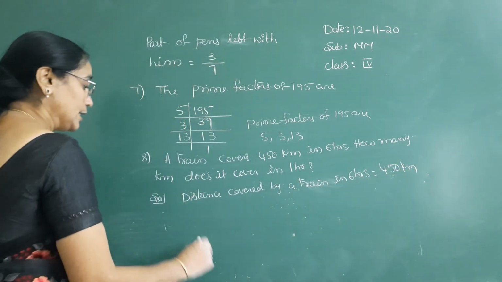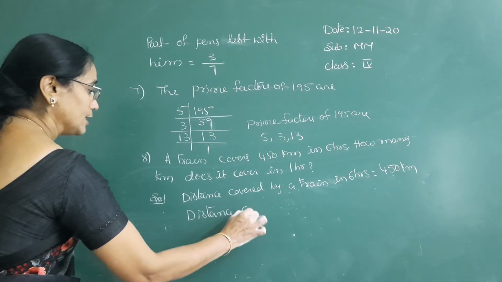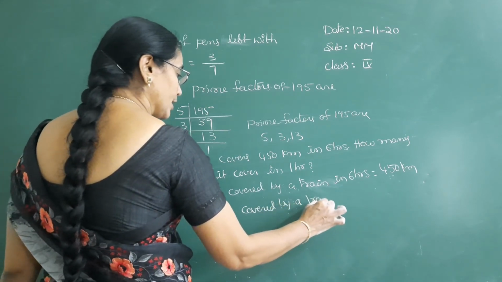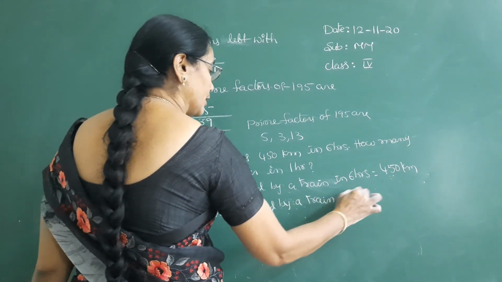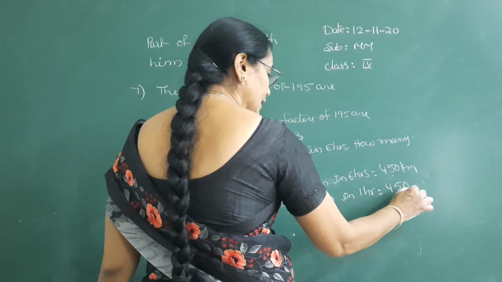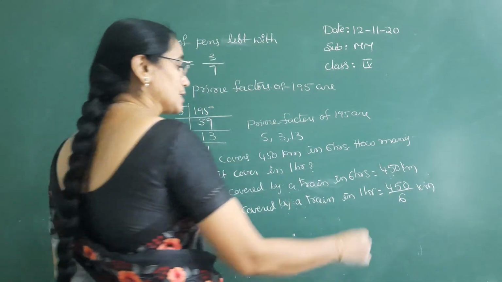They are asking the distance covered by a train in 1 hour. So that is equal to 450 divided by 6 kilometers. You have to divide this with the 6 table.